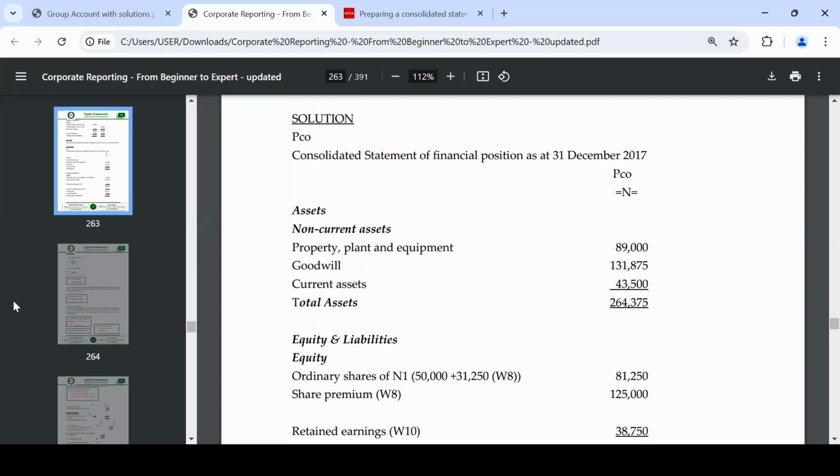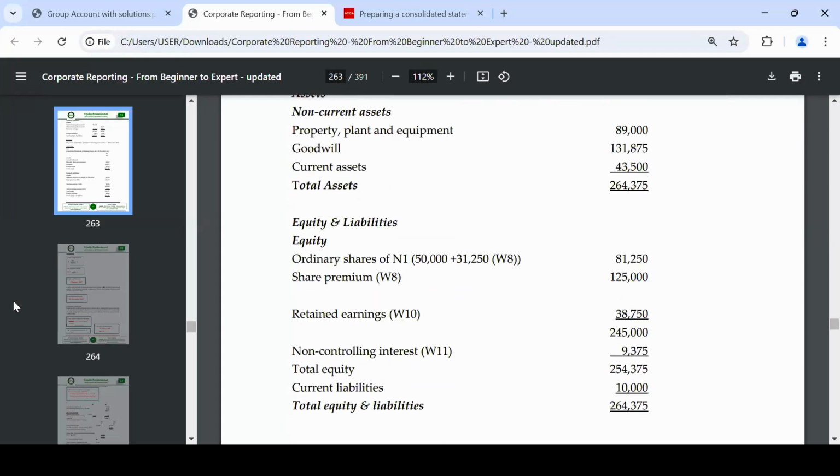This is the difference between when there is share exchange and when cash payment is made. Those shares that were issued will increase the ordinary share capital of the parent, and if the market price is higher than the book value, you are going to have the share premium.